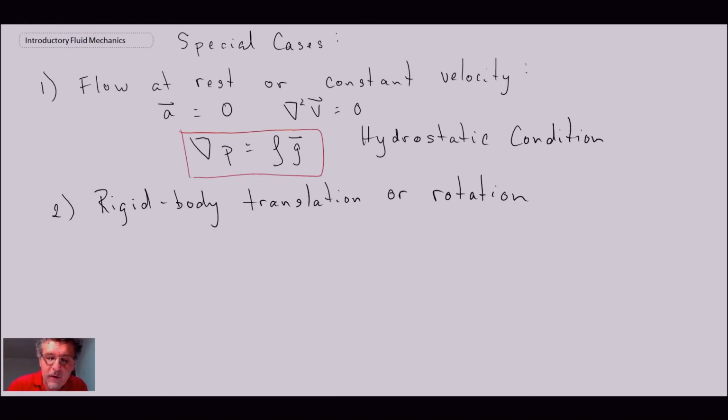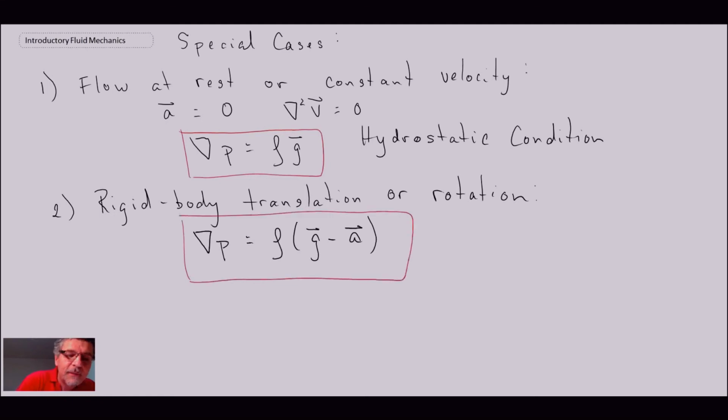All of the fluid particles are moving together. For example, you put all the fluid in a bucket and you move it. For that, we get grad P equals rho times (G minus A). That would be the form of the equation for that type of scenario.